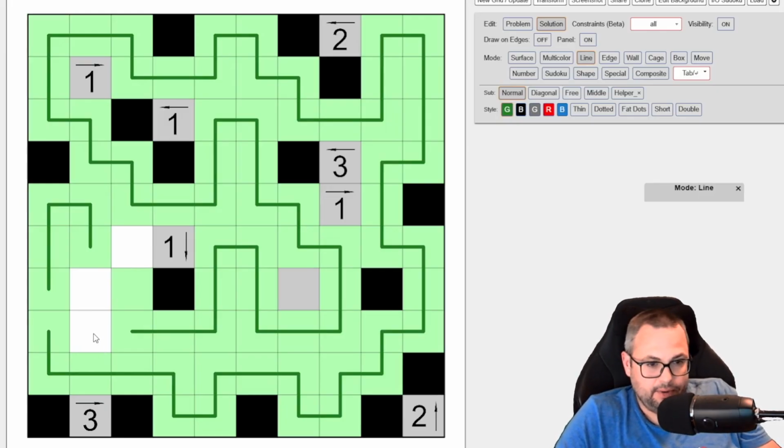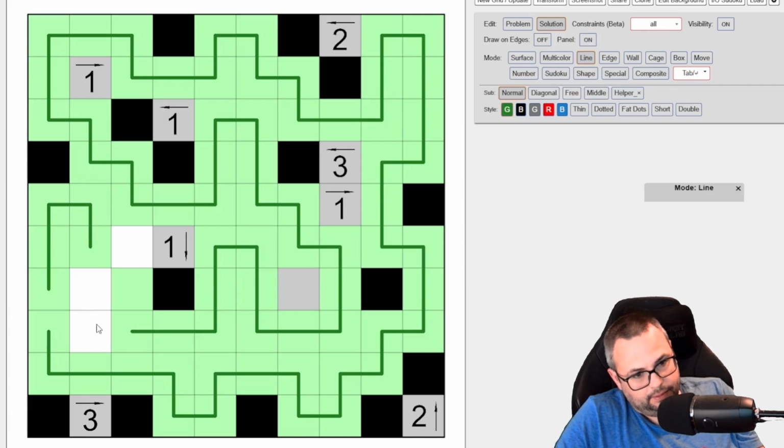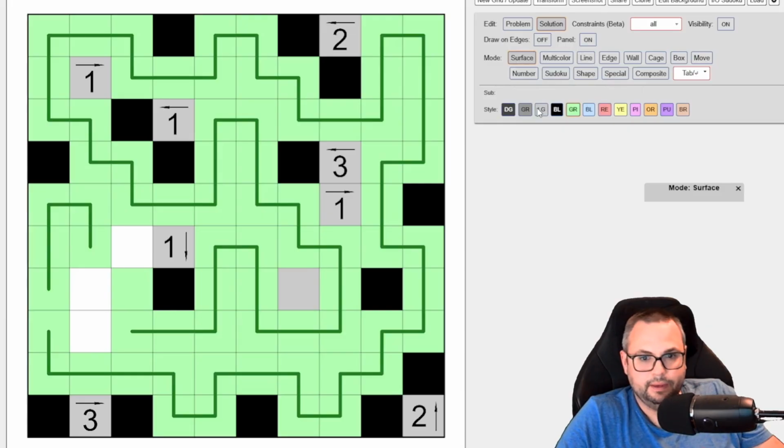I don't have a great way of cluing them at the moment without adding an additional clue square. If these were just both black, that would work well, right? Or I guess if I just put a 1 here pointing up, right? It works.